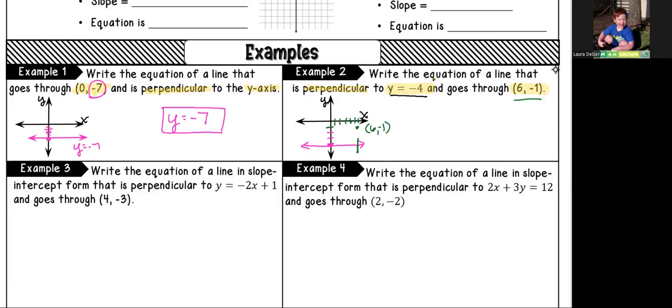So let's go ahead and draw it. There we go. And so it is going through this x-axis right here. And what is that number on the x-axis? It's this. So when it's perpendicular to y is -4, our equation is x equals 6.